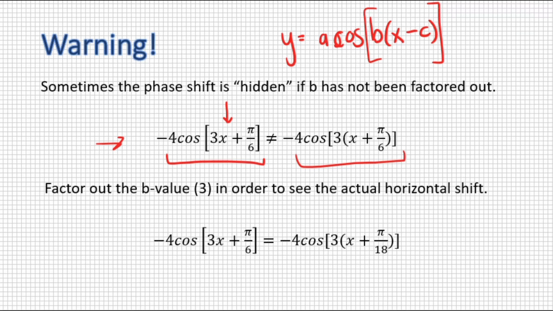So if you're given a graph that doesn't have the b value factored out, you must factor it out in order to see the phase shift. So you're going to take both terms and you divide them both by 3, and suddenly you see, yes, the b value is still 3, but the phase shift is not pi over 6, it's pi over 18.